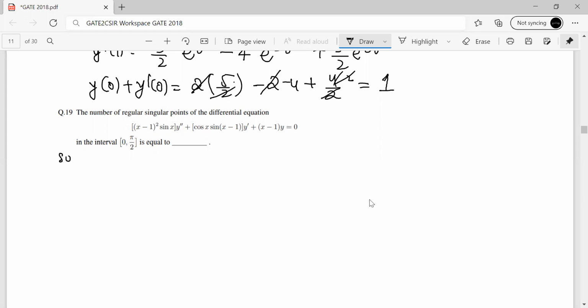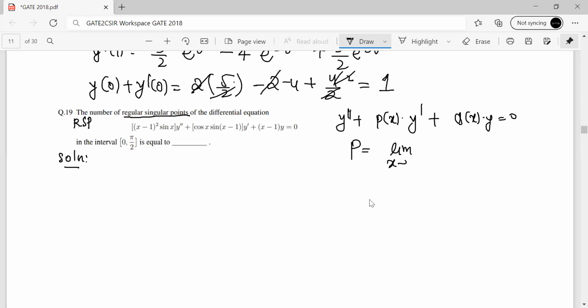And the best way to find the solution is first to compare in this form: Y double dash plus P of X times Y dash plus Q of X into Y equal to 0. So to find out the RSP, regular singular point, first you need to find the capital P, which is equal to the limit X tends to X naught, the regular singular point which you feel, of X minus X naught times this P of X. This limit should exist finitely.